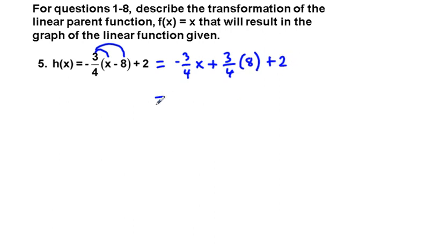And now working below, we're going to just start simplifying here. We have -3/4 x. So we know our slope is going to be -3/4. That's no mystery. Then we have 3 times 8 in the numerator, so plus 3 times 8. And let me just write what that is going to be. 3 times 8 is 24.